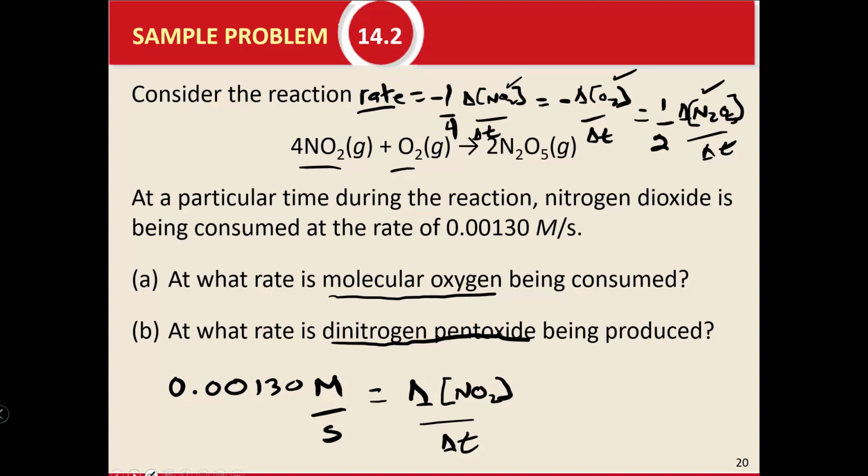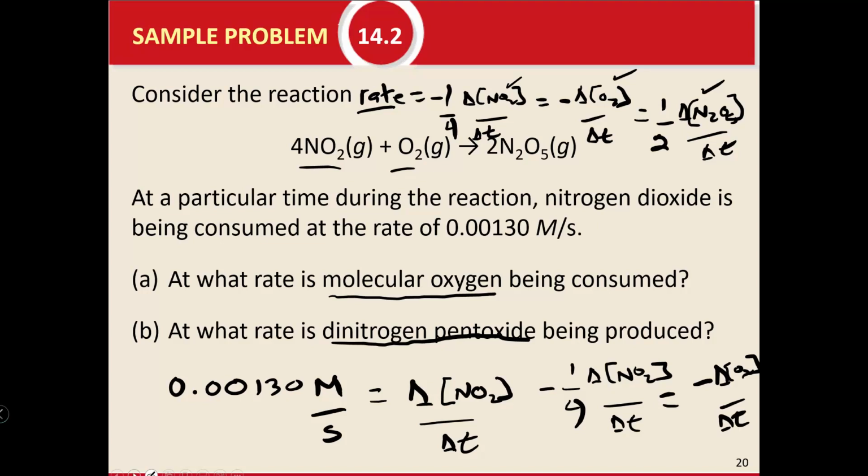You can see that negative 1/4 of the change in concentration of the nitrogen dioxide over change in time is equal to, and I'm trying to find out what it is for the molecular oxygen, negative delta O2 over change in time.